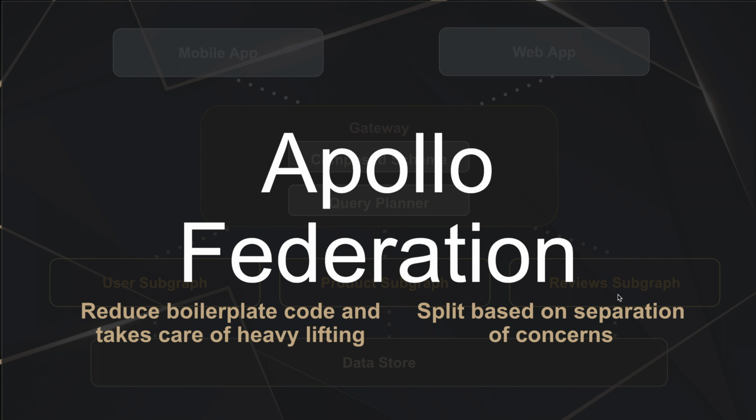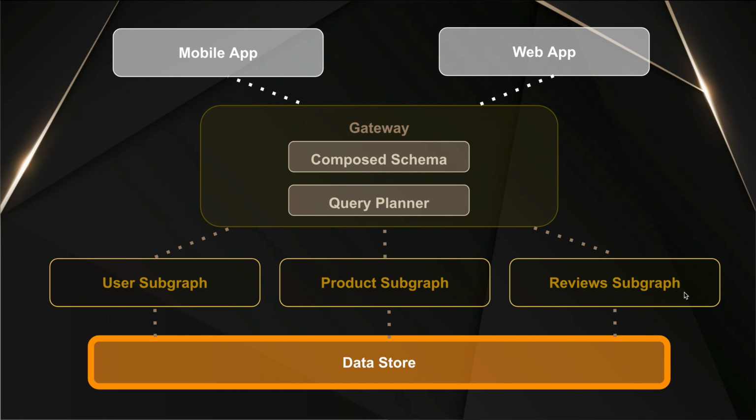But Apollo Federation lets you create your subgraphs based on which team you want to work on that specific subgraph. So if you want team A to work on the review subgraph, the review subgraph can have basically anything in it, perhaps corresponding to a few features or a single feature. So you can have that team work on that subgraph. You basically split subgraphs based on who's working on which subgraph. We'll see a better example of this a little later, but that's a part of federation.